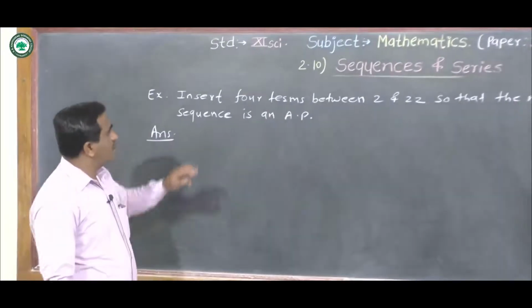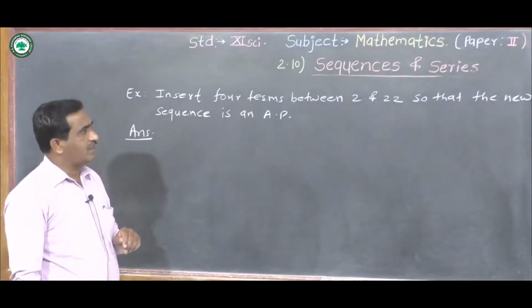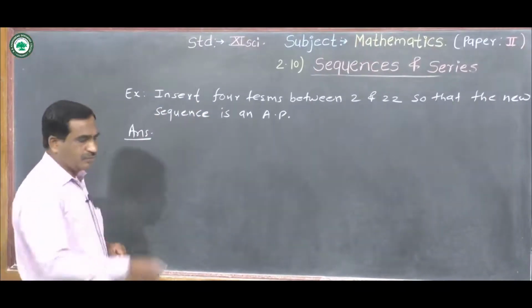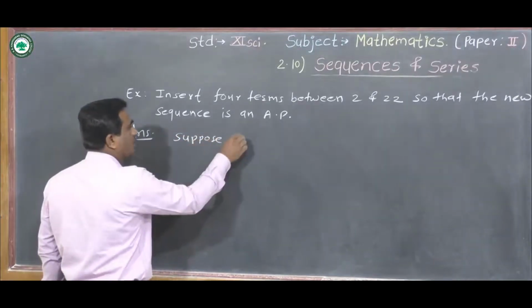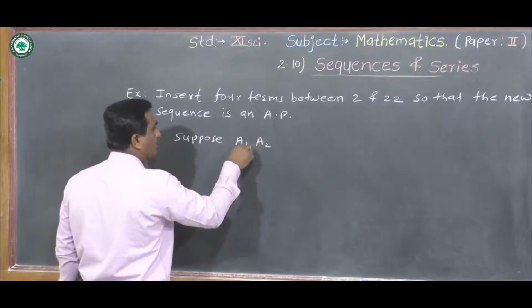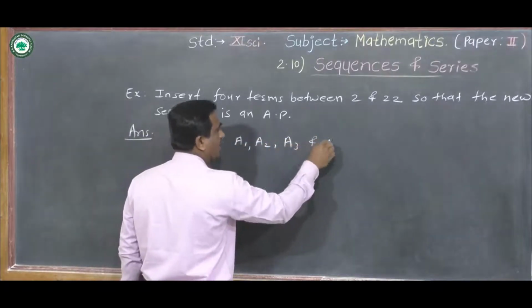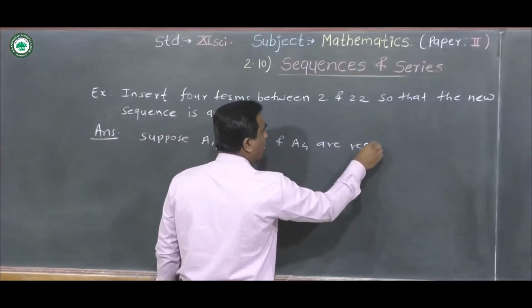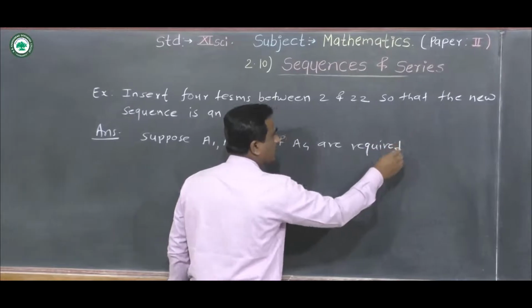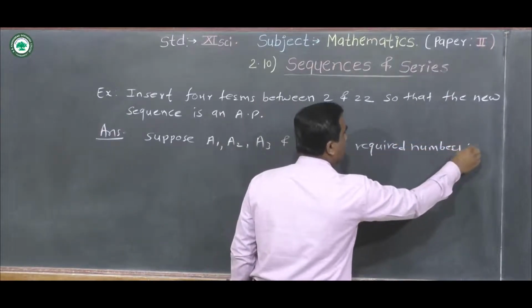Therefore we consider the inserted 4 numbers to be A1, A2, A3 and A4. Suppose A1, A2, A3 and A4 are the required numbers in AP.